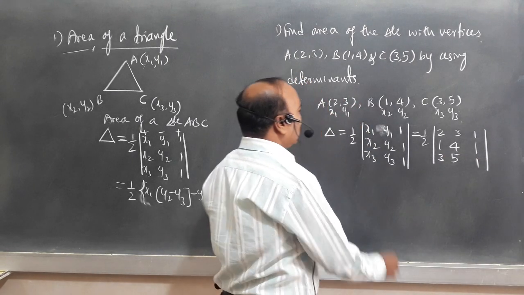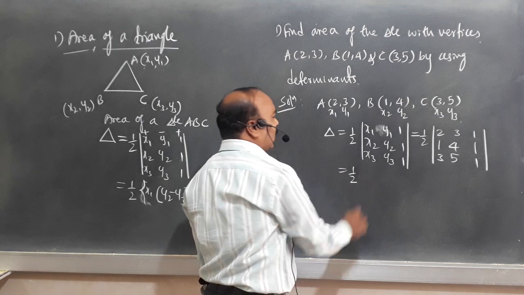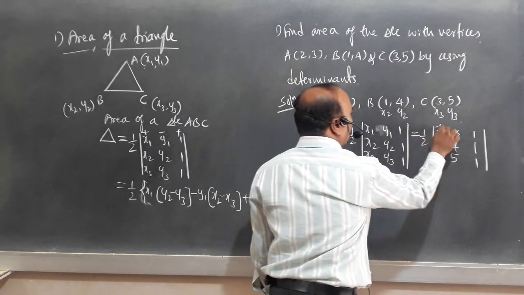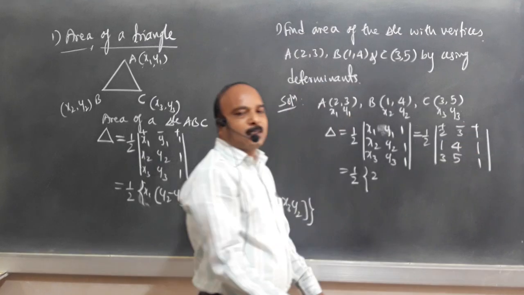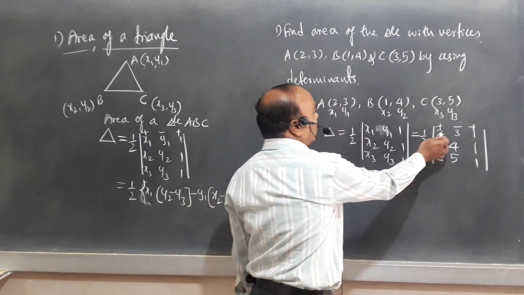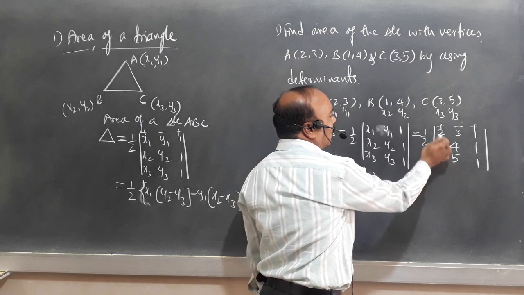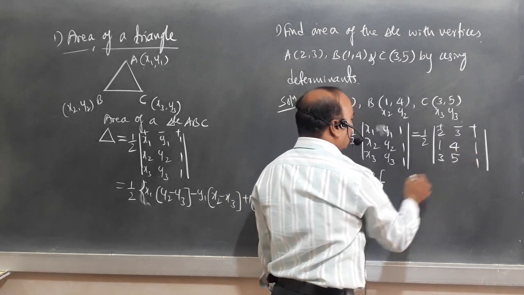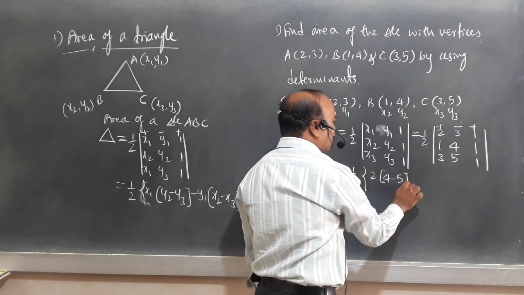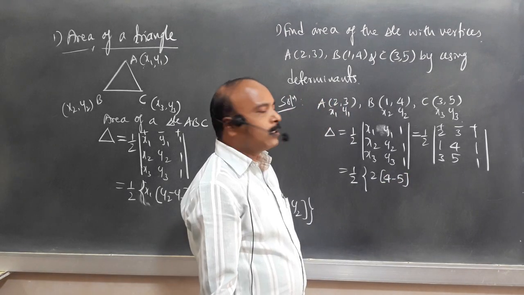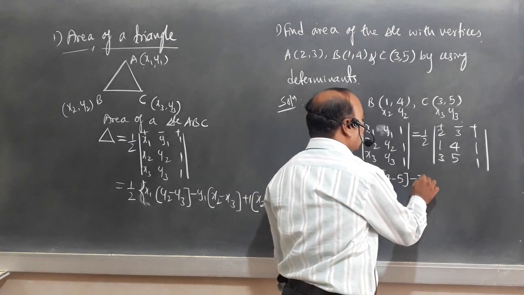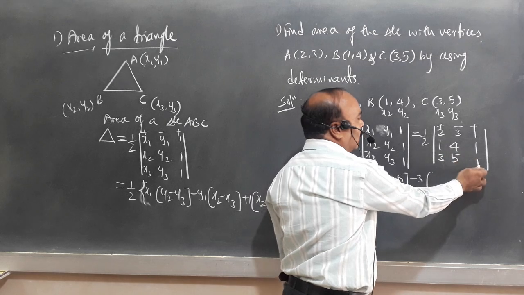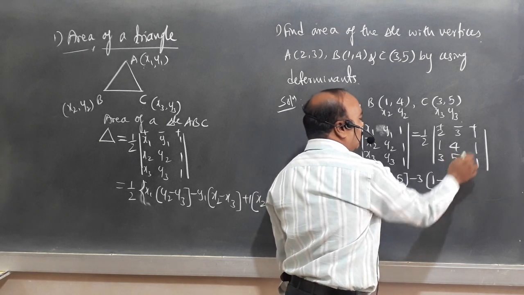Now we expand this determinant, 1 by 2 as it is, into first 2, plus minus plus. 2 into, deleting this row and this column, we get 4 minus 5. It is the first result. After that minus 3, deleting this column and this row, we get 1 into 1, 1, minus 3 into 1 is 3.